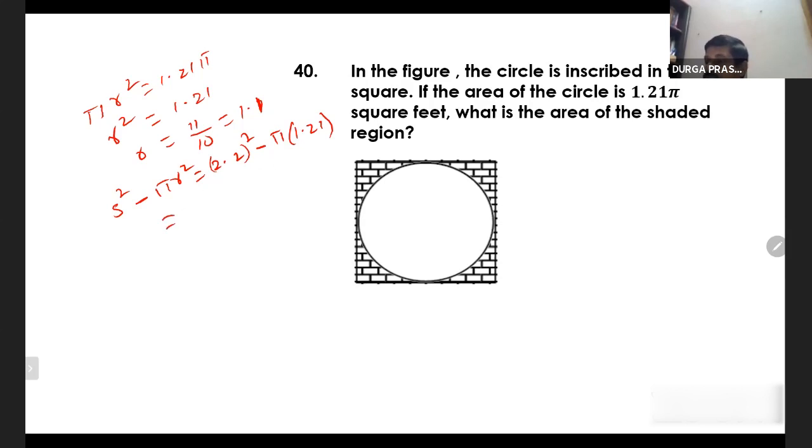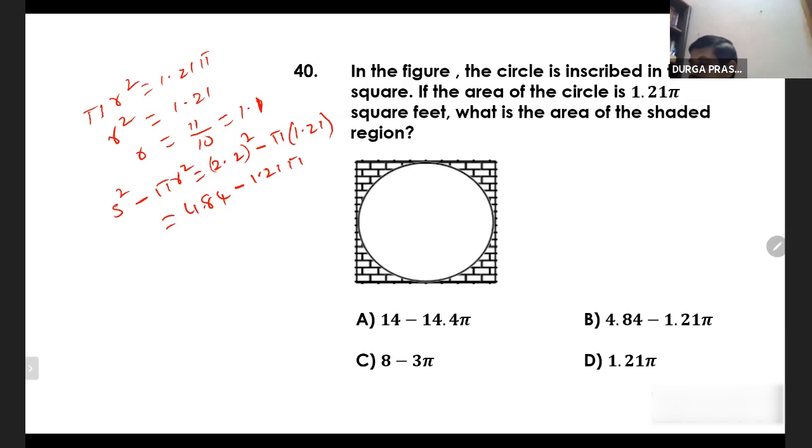So that is 1.21 into 4 minus 1.21π into 5. So this is 1.21 into 4, which means 4 ones 4, 4 twos are 8, 4 ones 4, minus 1.21π. So let us see in what format he gave. He gave in the same format that we have ended up with. So that is B.